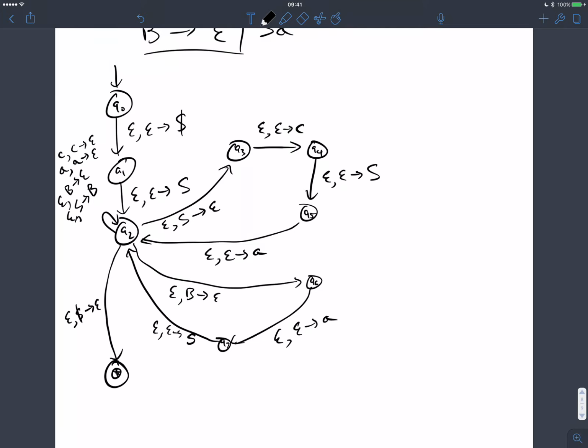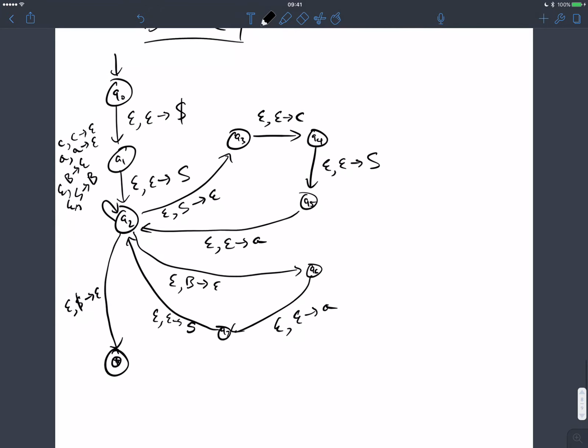On the final, if you want them labeled, or does it matter? It doesn't matter unless you need it. If I happen to ask, convert this PDA back to a CFG, you better name them.